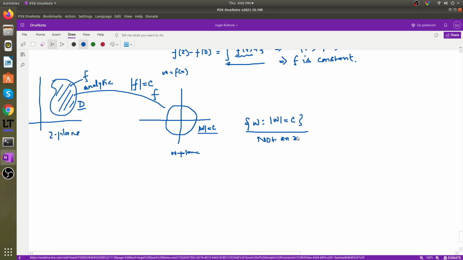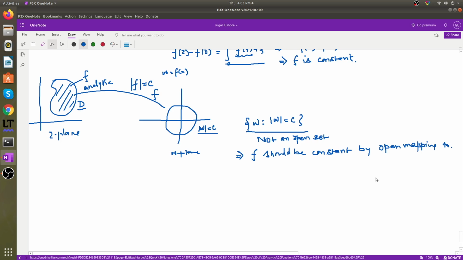And if this is not an open set, then by the open mapping theorem, f should be constant. So we can simplify some of the problems by using the open mapping theorem.